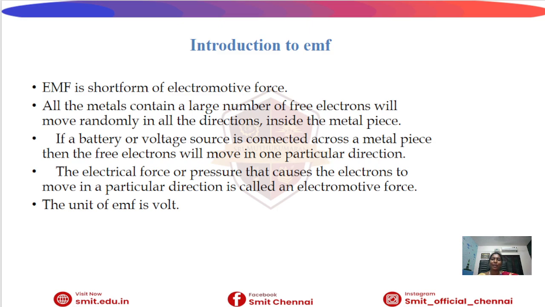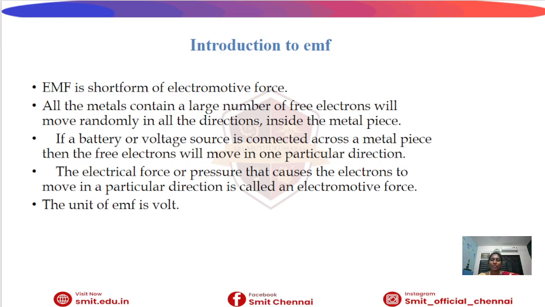Inside any metal conductor, there are a large number of free electrons. Did you know that? When no voltage source is connected, these electrons move randomly in all directions, so no current flows. When a battery or a voltage is connected, what will happen?